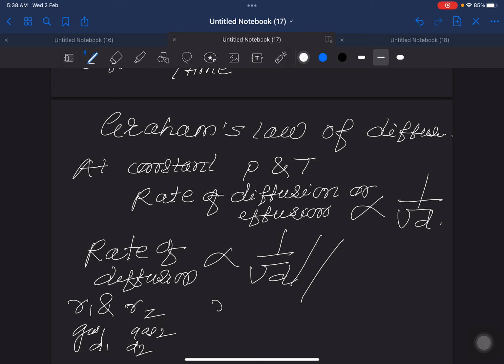Then we can write R1 upon R2 is equal to under root of D2 by D1, है ना.